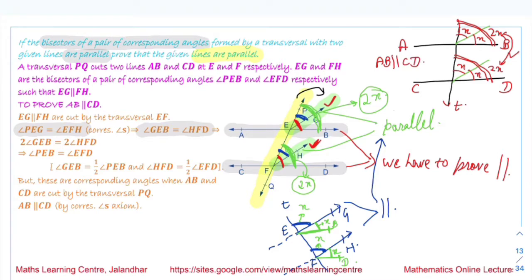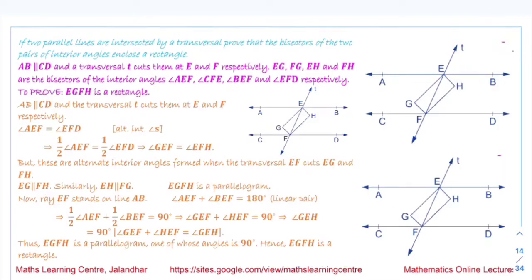In the next question we have, if two parallel lines are intersected by a transversal, we are saying two parallel lines AB and CD are given to us and they are intersected by a transversal T, then we are given that EH is the bisector of the angle FEB, and GE is the bisector of angle AEF.